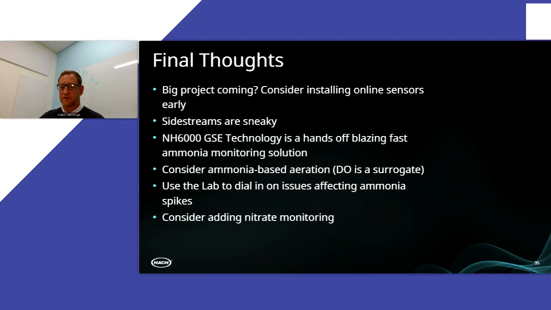So final thoughts. One of the things that I think would be super helpful, and this is just something I've been thinking about quite a bit, and we're seeing a few folks do this, when we have big projects coming up, we're getting a new ammonia limit, we're getting a new total nitrogen limit.